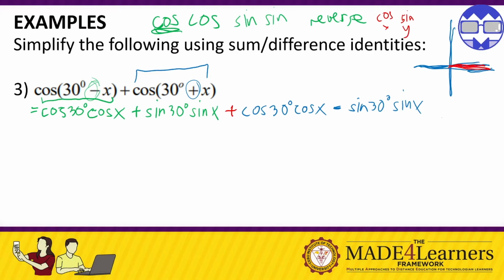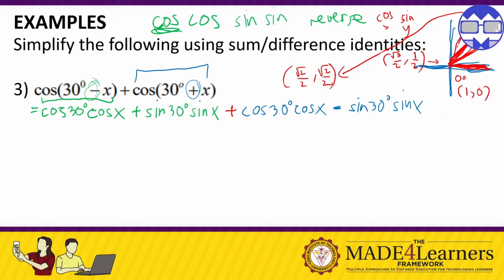If it's 0 degrees, cos is 1 and sine is 0. For 30 degrees, cos is square root of 3 over 2, and y is 1/2. For 45 degrees, we have square root of 2 over 2, square root of 2 over 2.